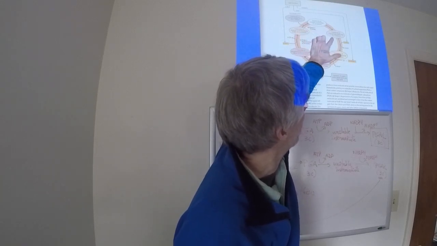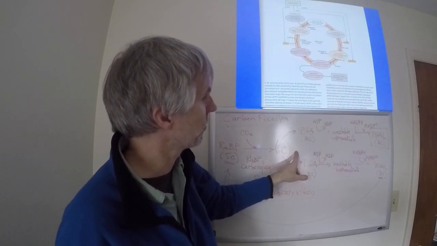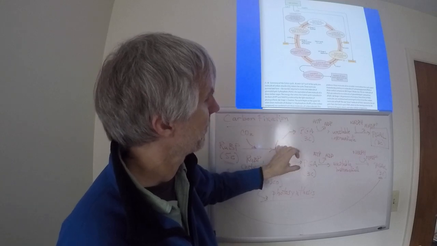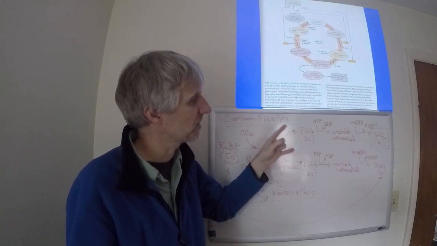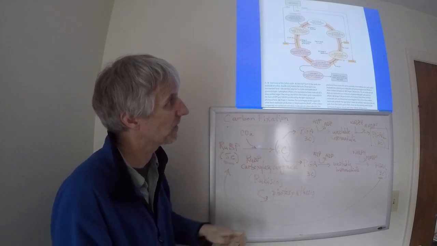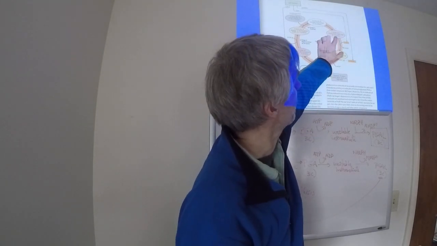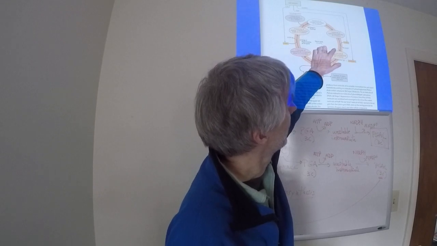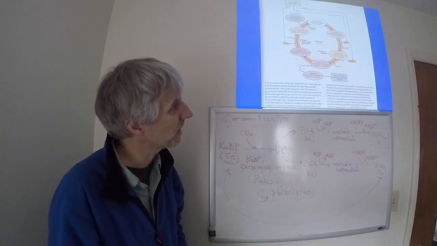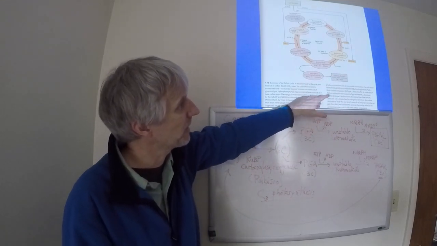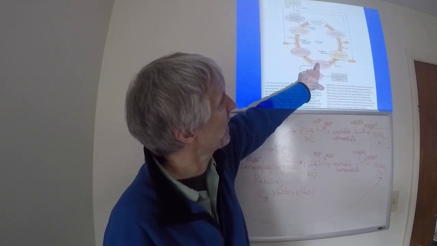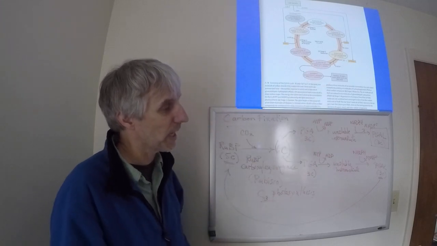It falls apart immediately into PGA. 3 6-carbon molecules gives me 6 3-carbon PGAs. 6 3-carbon PGAs. I add 6 ATPs and 6 sets of electrons from NADPH, and that gives me 6 molecules of PGAL.